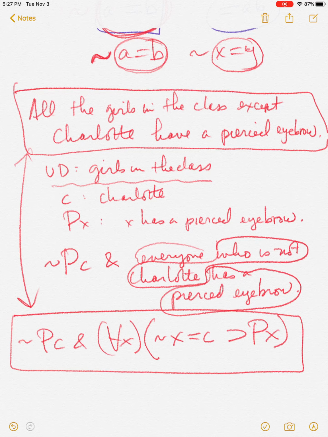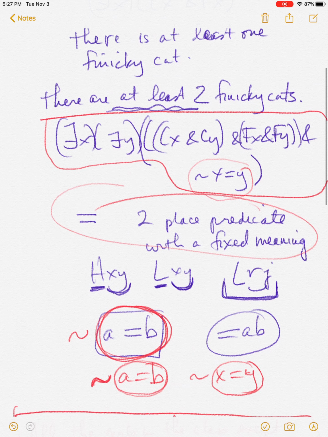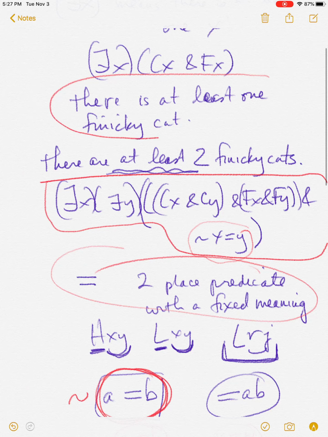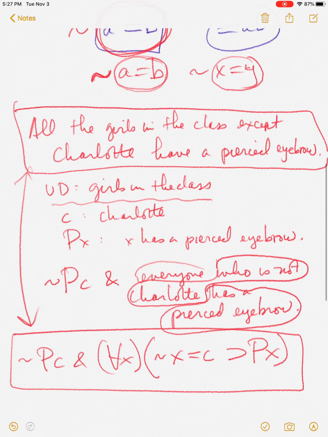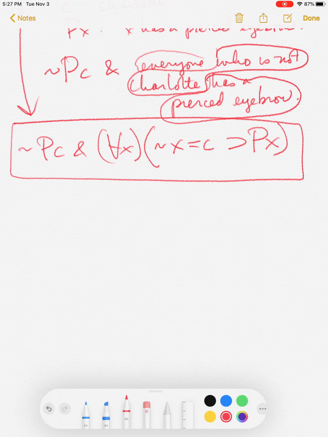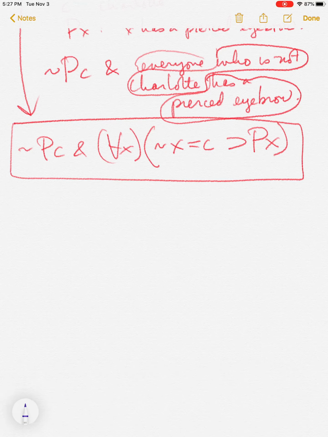How would we say, so we knew how to say there's at least one finicky cat, and we know how to say there are at least two finicky cats. How would we say there's exactly one finicky cat? There's one and only one finicky cat in the world.